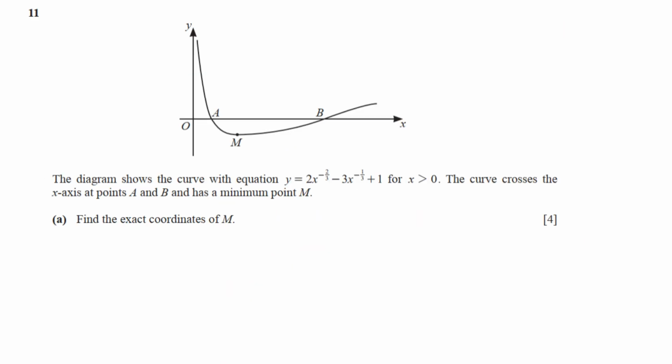Next, we are asked to find the exact coordinate of the minimum point M. To find minimum point, first find dy by dx.